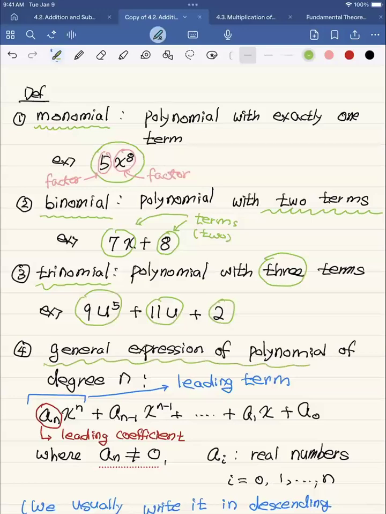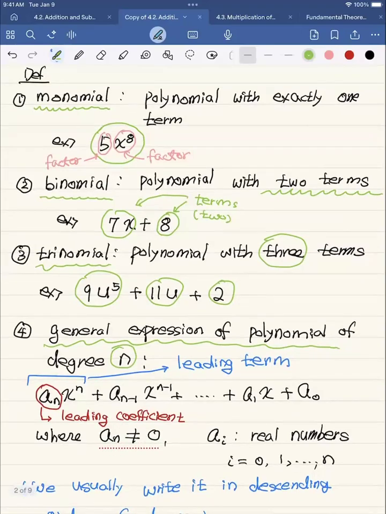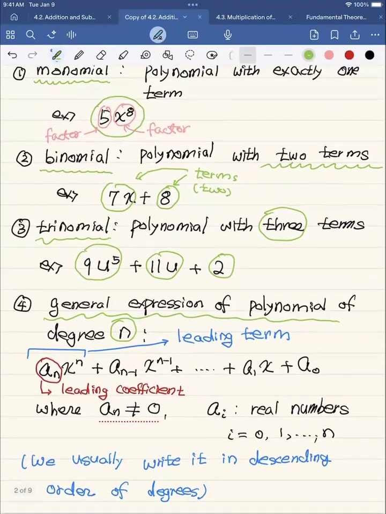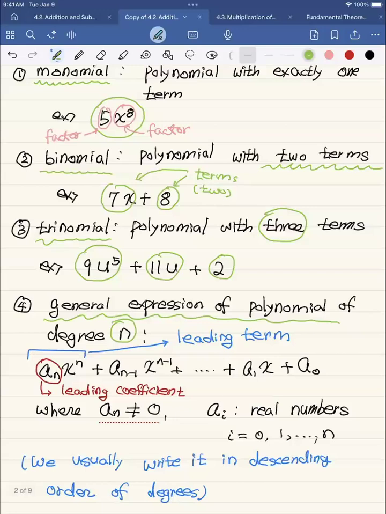General expression of the polynomial of degree n goes like this. We write the highest degree term first. The general term can be written as a sub n times x to the n power plus a sub n minus 1 times x to the n minus 1 plus and so on, plus a sub 1 x plus a sub 0.